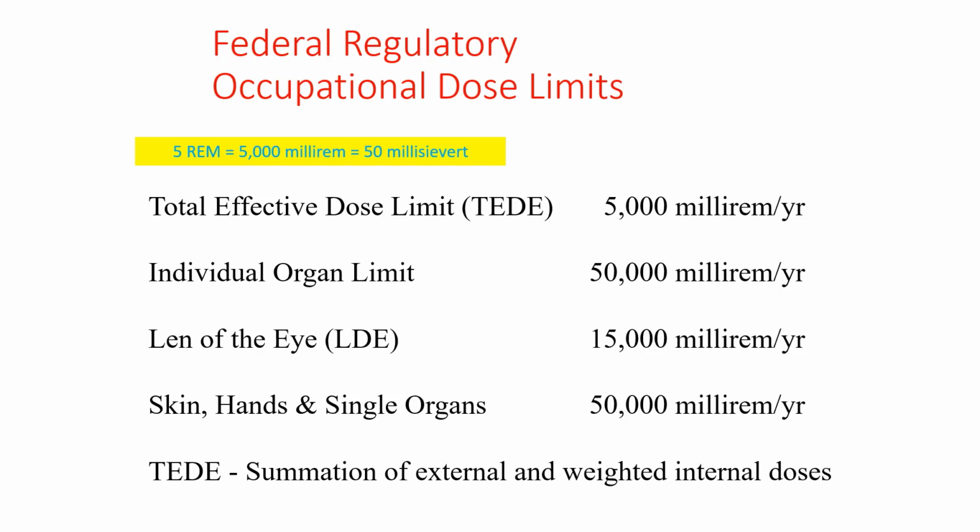And so what we look at is the individual organ limit is 50,000 millirems per year. The lens of the eye is more sensitive than the organs, so that is 15,000 millirems per year. And the skin, hands, and single organs are about the same as an individual organ limit, so again we have 50,000 millirems per year. 50,000 millirems is 50 millisieverts per year.